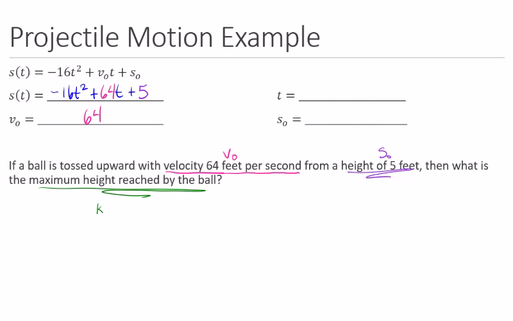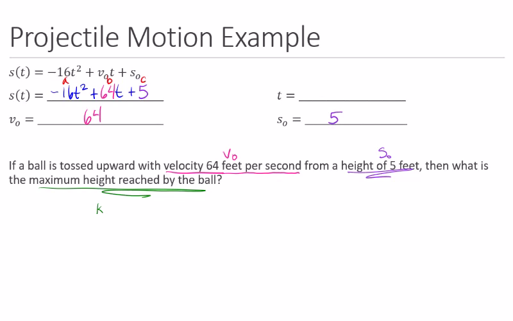S naught is 5, and t we don't know at this point. So let's find out. I can identify a, b, and c. So a is negative 16, b is 64, and c is 5, right?